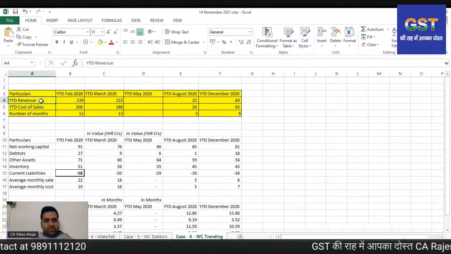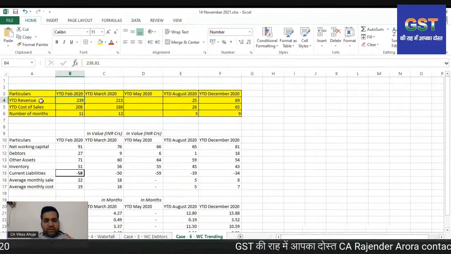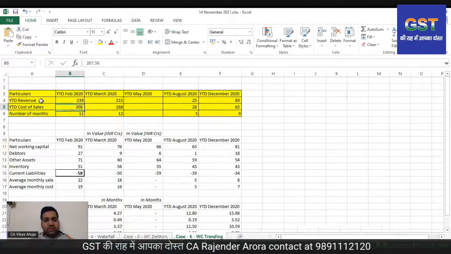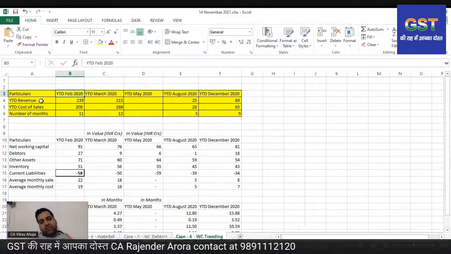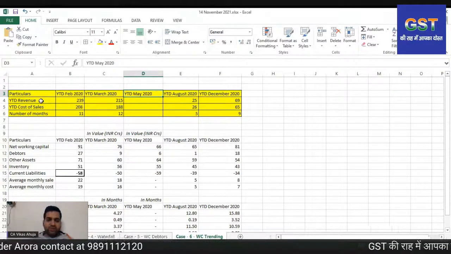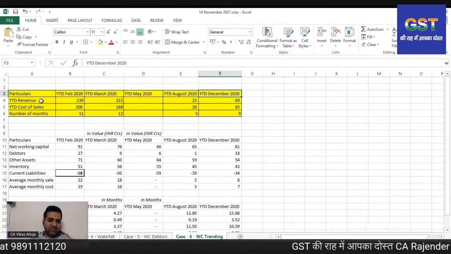So this is revenue till date, revenue cost till date, and the number of months for which this data is captured, like YTD February, YTD March, YTD May. I have assumed there are no sales in some months, and lesser sales in YTD August and YTD December.